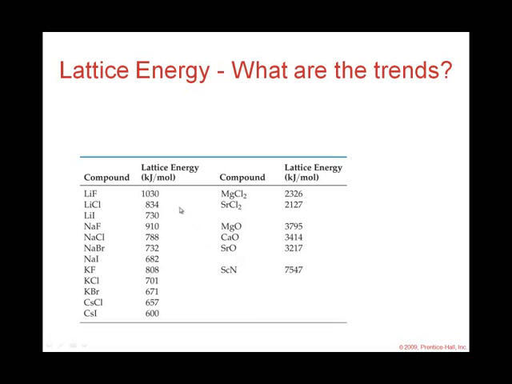Now the other thing we can look at is lithium fluoride, chloride, and iodide. As we go down this group in the periodic table, the ion is getting larger, right? I'm adding another shell.